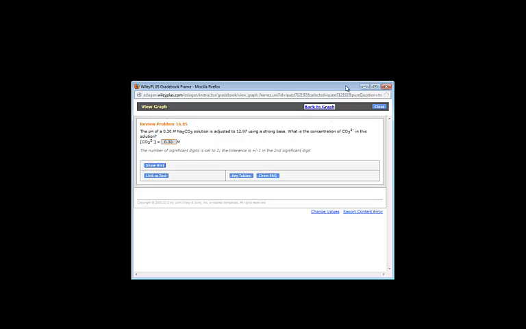And the way that we're going to figure this out is by first recognizing that sodium carbonate is a polyprotic base. So we have 0.3 molar Na2CO3. We have a pH of 12.97, and sodium carbonate can dissociate in the presence of water.